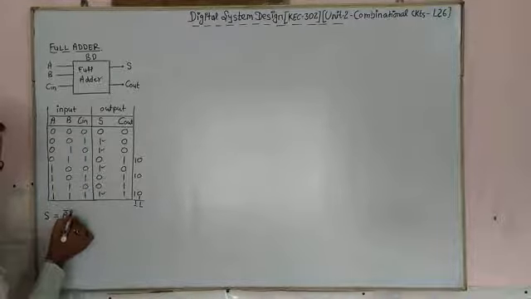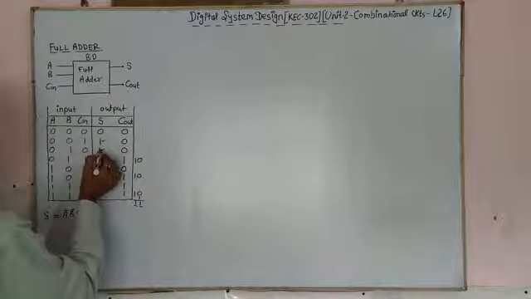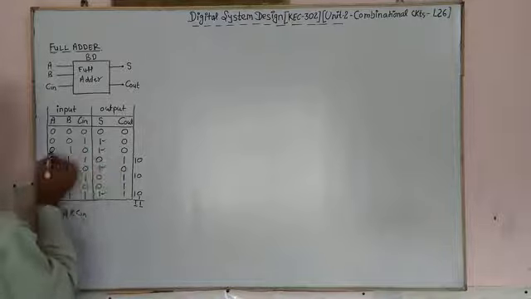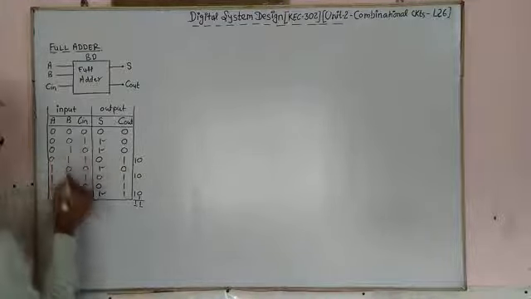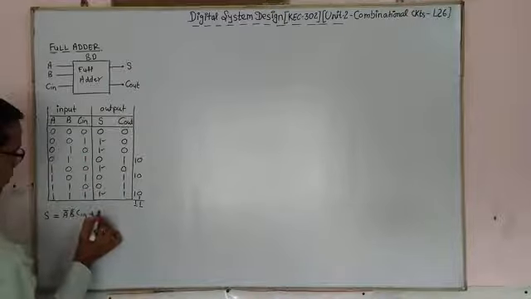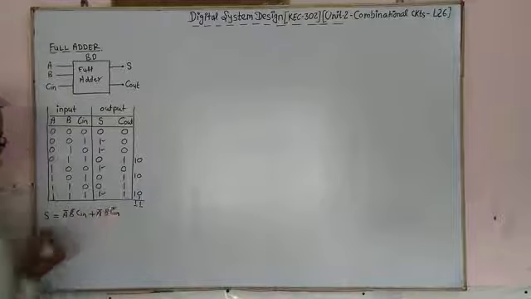And the second one is for the location 0, 1, 0: A bar, B, C in bar.